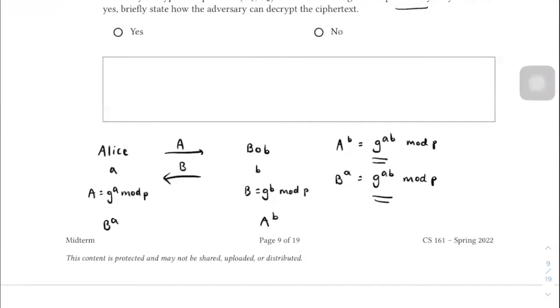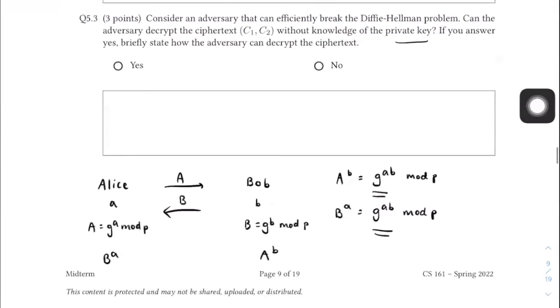Now we've assumed that when we say we can break Diffie-Hellman, we have a way to get from components to their creation. Essentially, given two values, G to the A and G to the B, the attacker has a way to find G to the AB. Essentially, what we're saying is that the exponent is no longer hidden to them. So if that's no longer hidden, then they can use this same principle to break G to the BR.